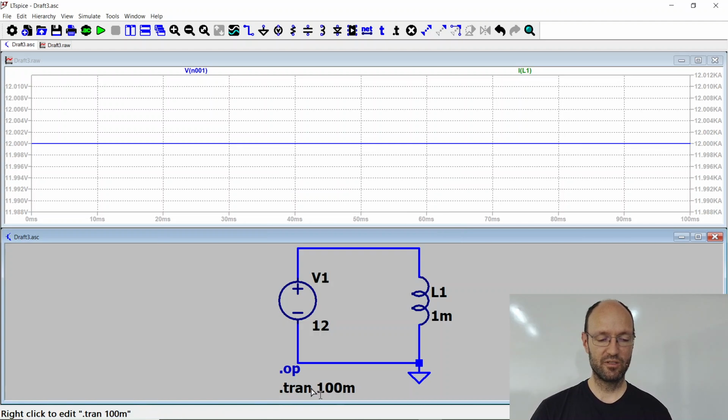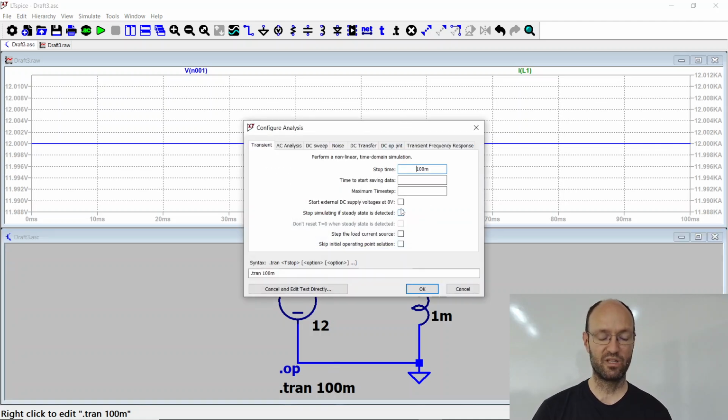I will go back to the simulation settings. So once again, click with the alternative mouse button on this transient setting here to open up this view that we had once again, where we said that we, for example, want to simulate for 100 milliseconds. And the last setting here says, skip the initial operating point solution, because what LTspice does in the background, it already tries to find the steady state of our circuit.